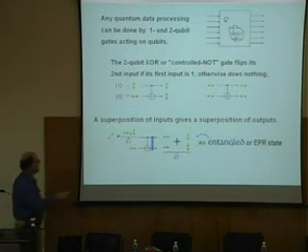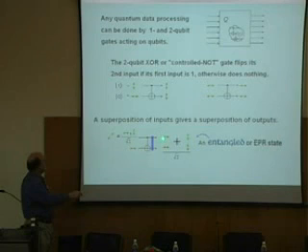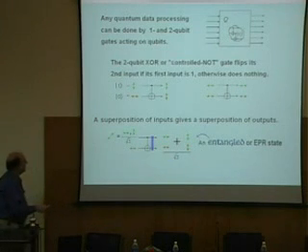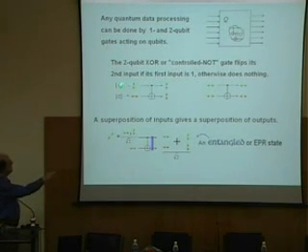And then what happens is the output comes out in the superposition of the second one being not flipped and being flipped. In other words, we just take these two cases. If we give it the superposition of inputs, we have to come out with the superposition of outputs.